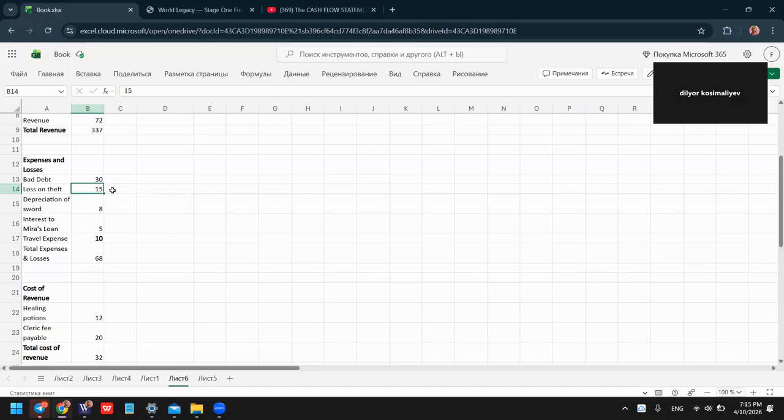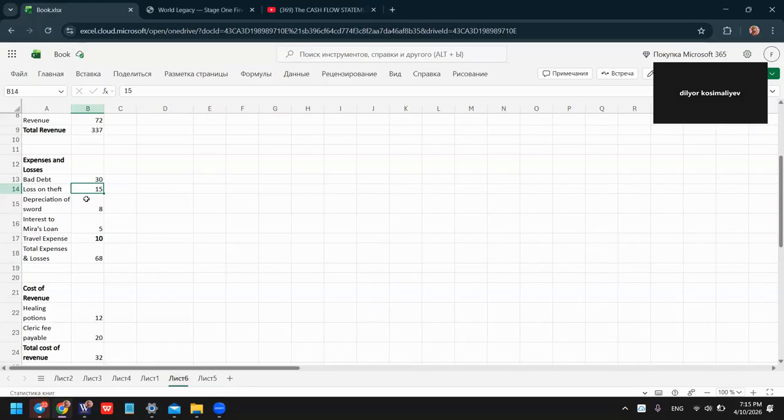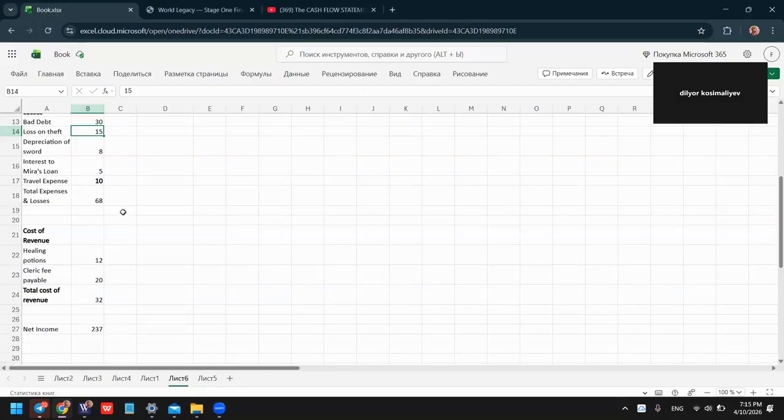The case was that the purse had 15 gold pieces inside of it, so it's also a loss of cash. That's why we don't record it here. It doesn't need adjustment. So we skip this one for now.